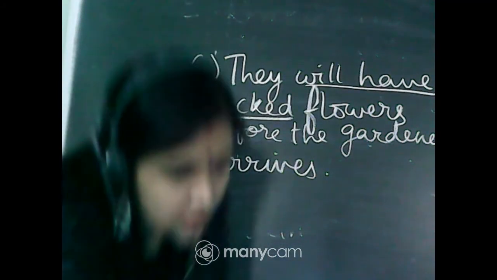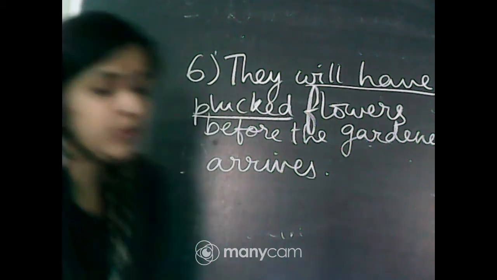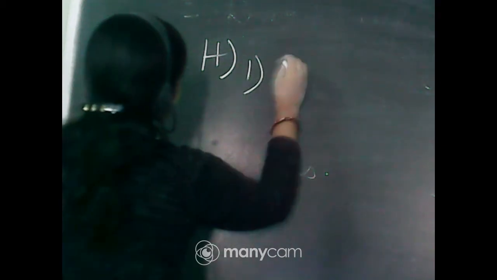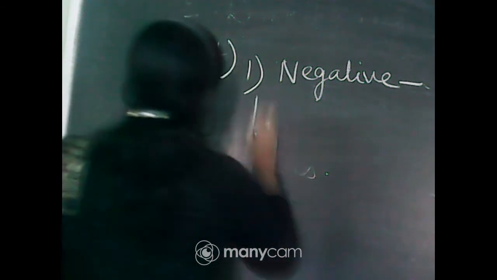Let me just write one. The way in which you are going to write in your copy is that for number 1, first you will write the word negative, then give a dash and write the negative sentence, that is, he will not send a bouquet on your birthday.